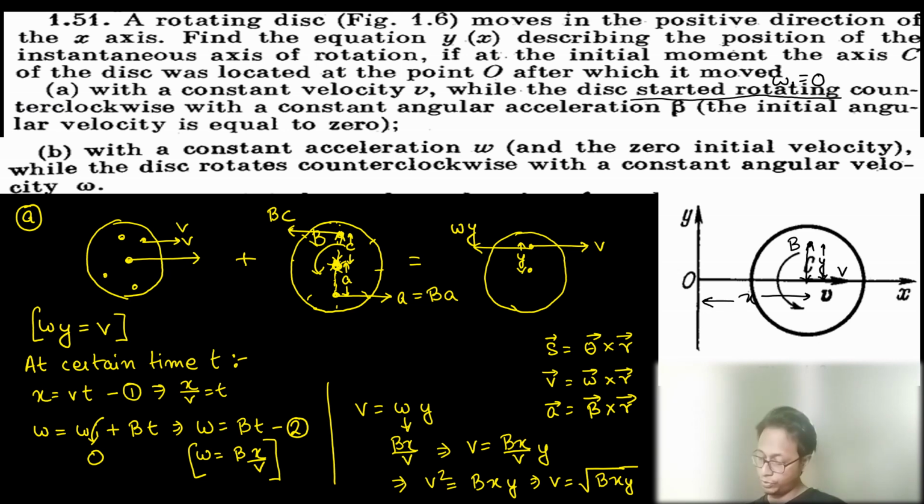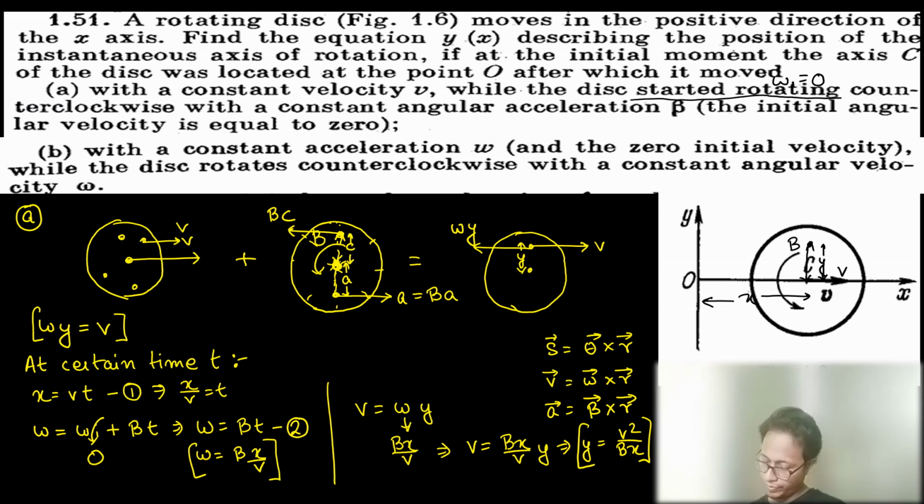Oh sorry, I'm supposed to find the value of y with respect to x, so y is equal to v square by beta x. This is the answer to our first question. I'm not required to find the value of velocity. So y is equal to v square by beta x.